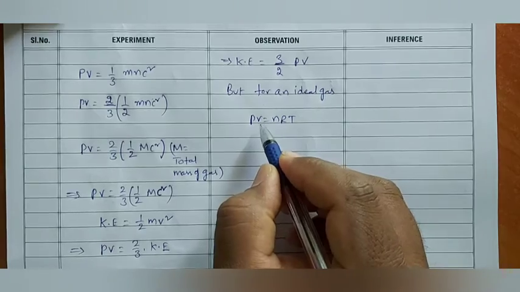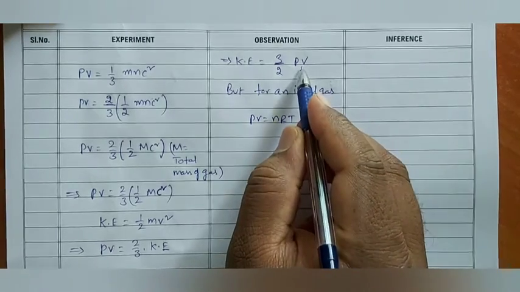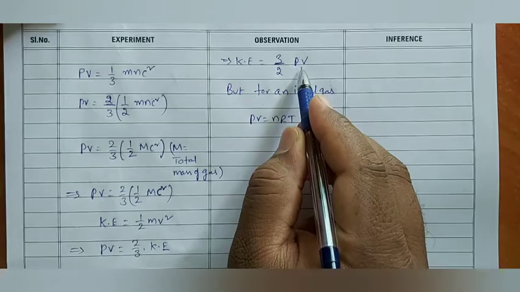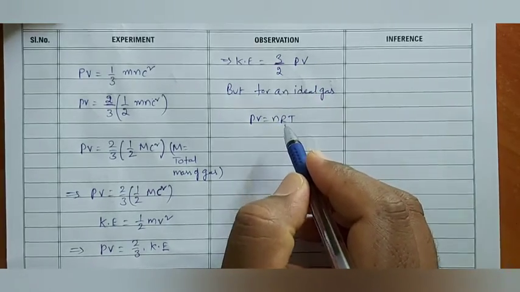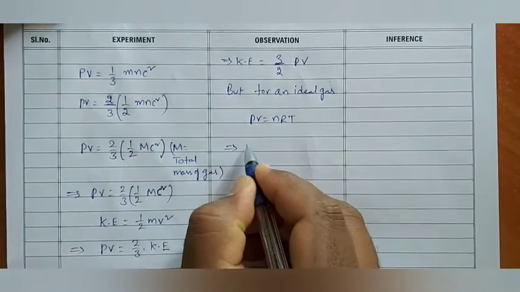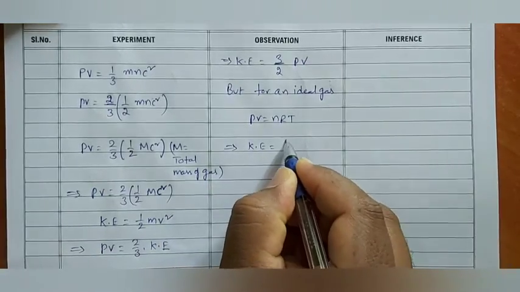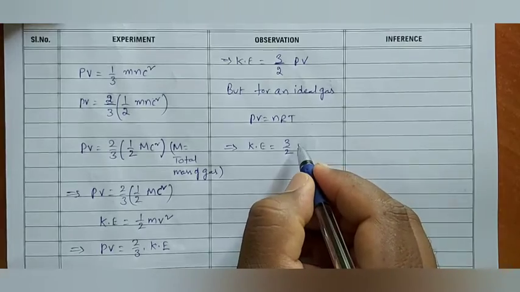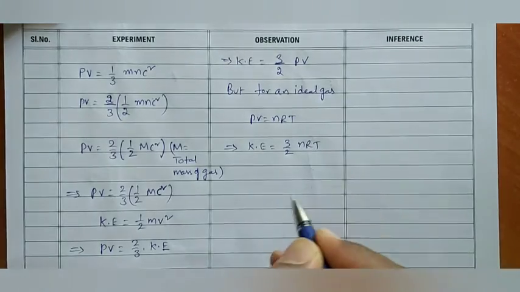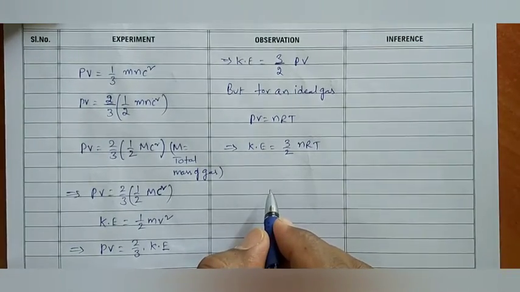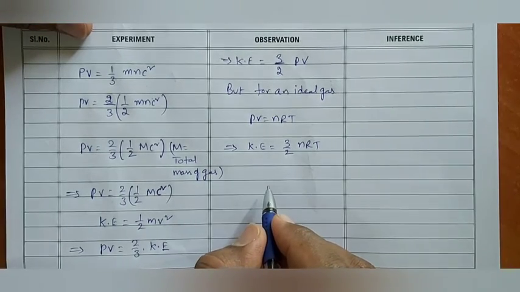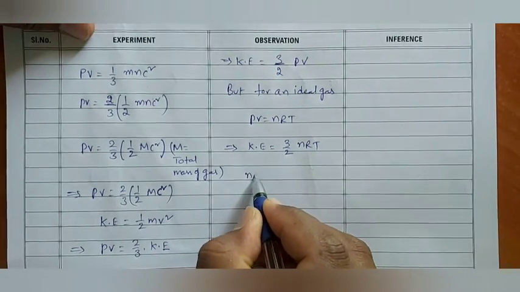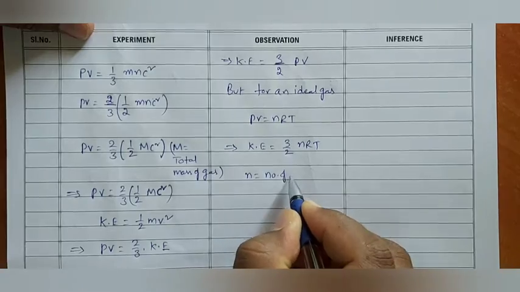Substitute this PV is equal to nRT in this one, instead of this PV, substitute this nRT. Then this implies kinetic energy is equal to 3 by 2 into nRT, where n is the number of moles of gas.